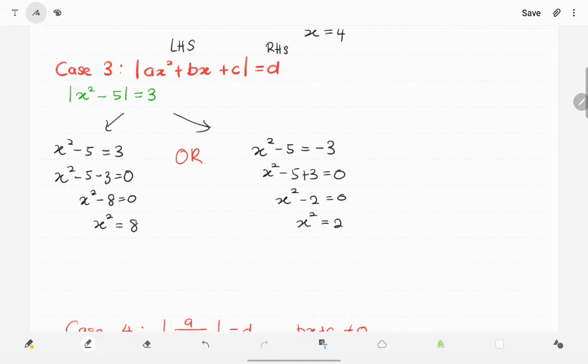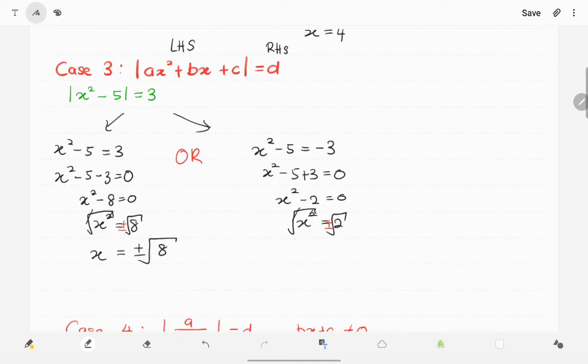So how to solve for x? We need to square root both sides. But don't forget, when you take the square root of both sides, put the plus minus sign. Okay. So let me write it in a better way. So this one cancel out, become x equals to plus minus square root 8.